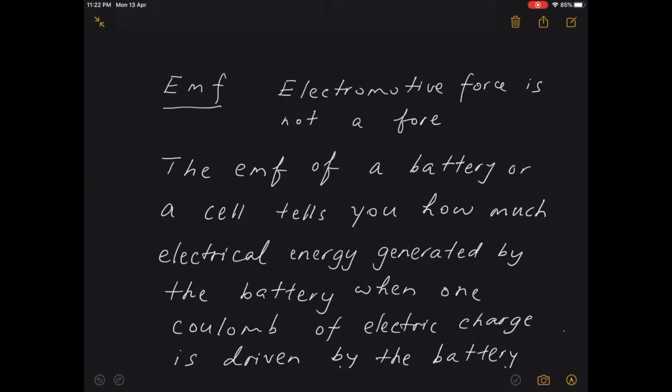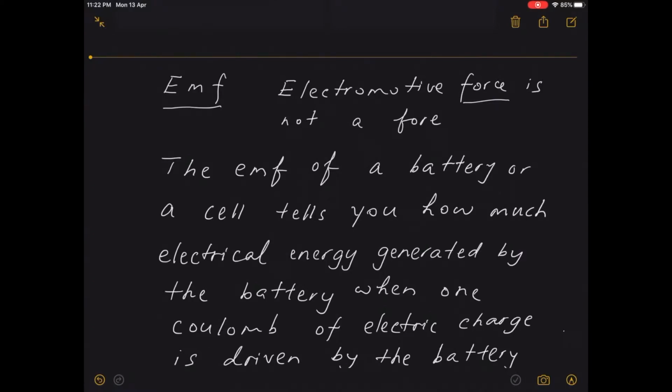Definitely EMF is not a force, even though it is named electromotive force. So you can never put down EMF in newton. So what is EMF? It's almost similar to voltage.